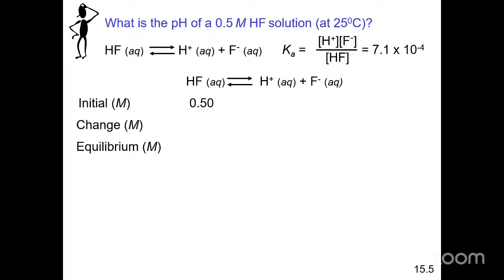And the concentrations of H plus and F minus would be 0 and 0. Now, we don't know what the change is as the system moves towards equilibrium. So we're going to say let X represent the amount of HF that is reacting, right?